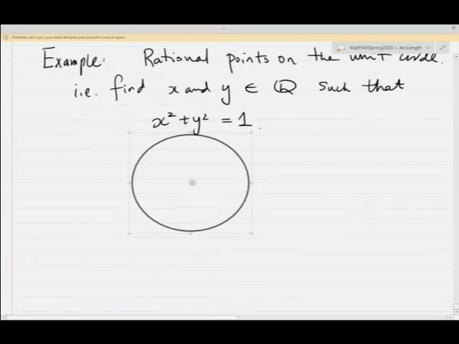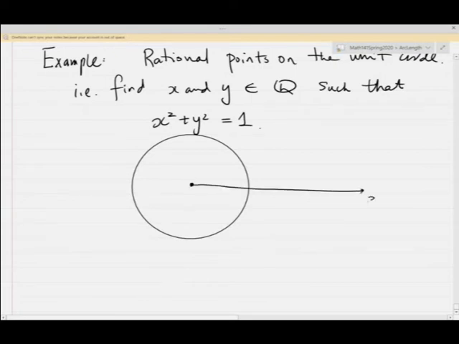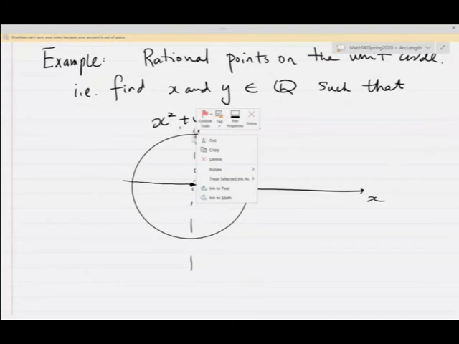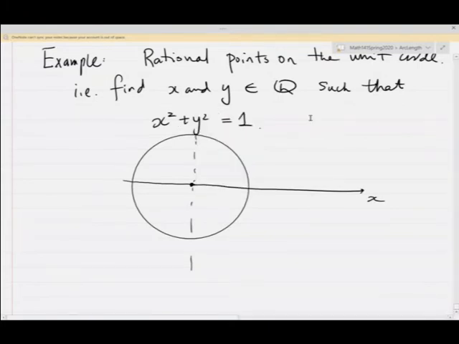So here we have the unit circle, this is the x-axis, and this is the y-axis.